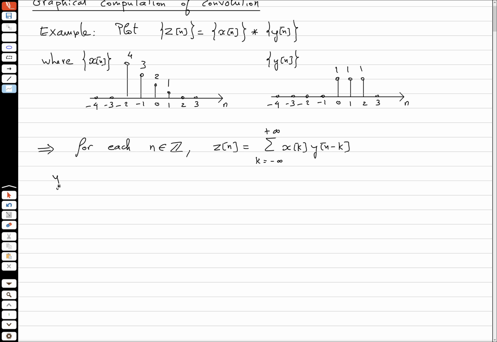So remember, y tilde of n is y of minus n. So I wish to write y tilde of something equals y of n minus k. What should I put here?